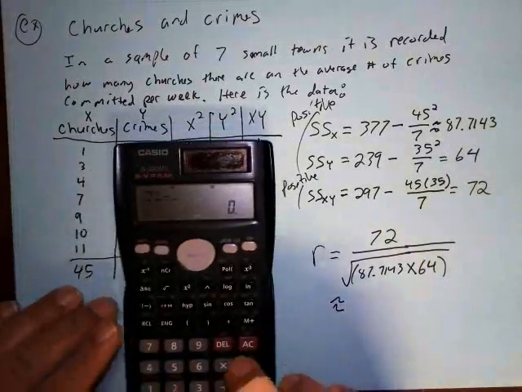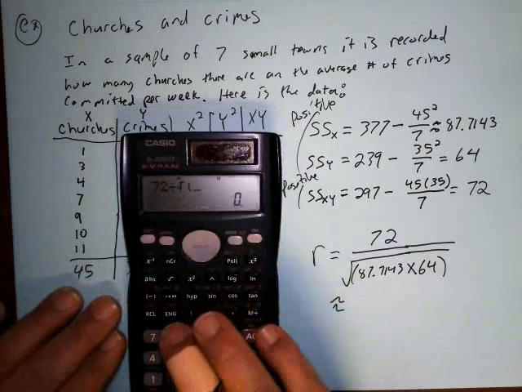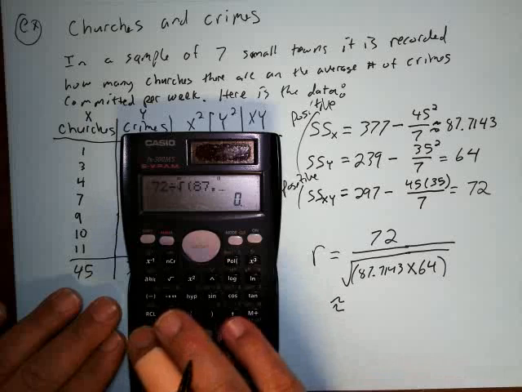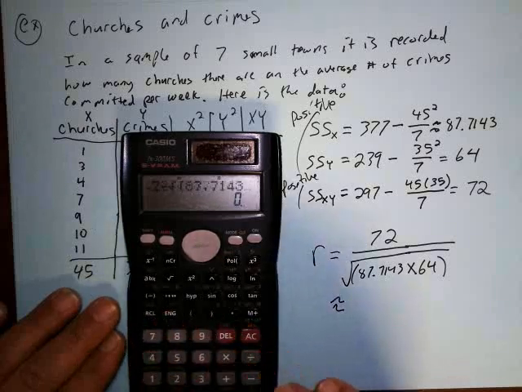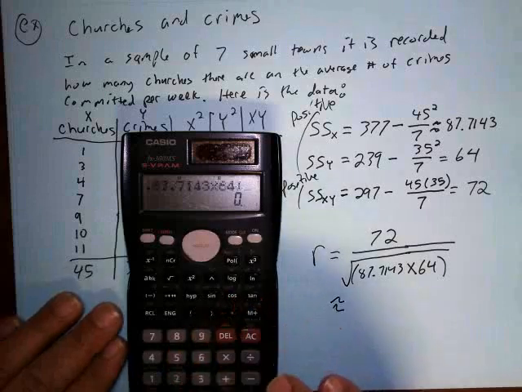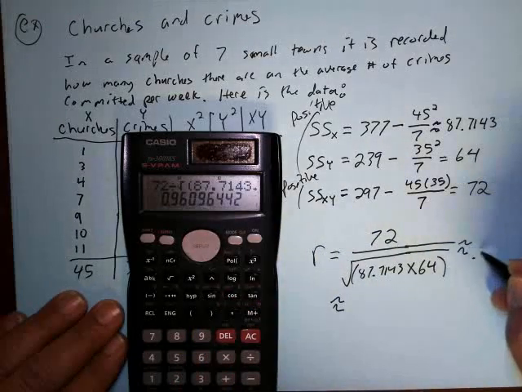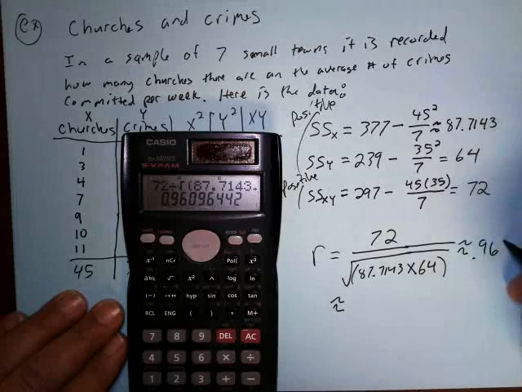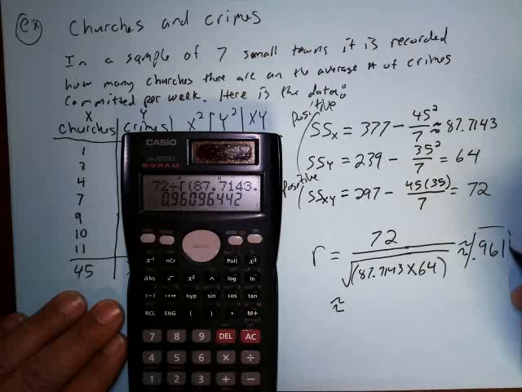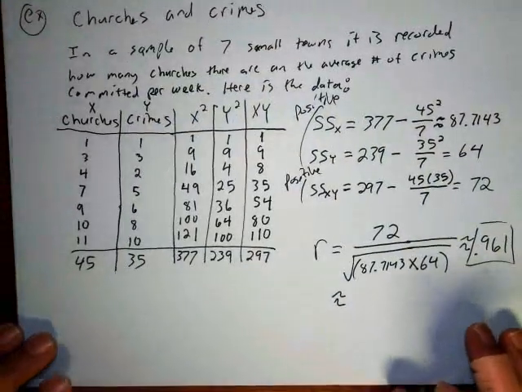So 72 divided by the square root, and then in parentheses 87.7143 times 64, and I get approximately 0.961 when I round to 3 decimal places. That is a very, very strong positive correlation.